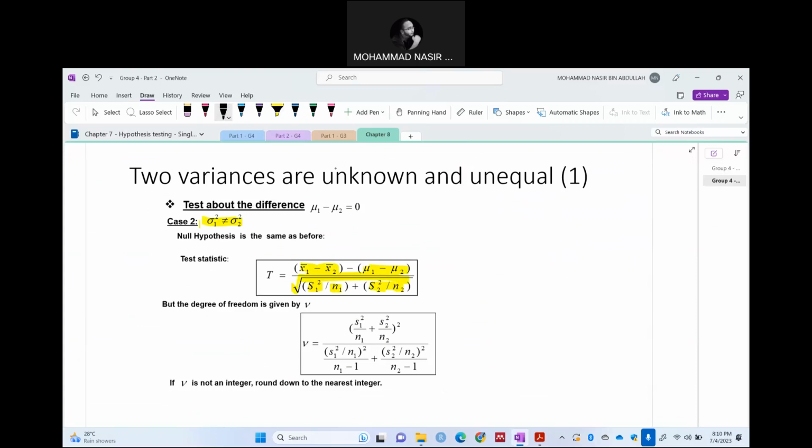So as compared to previous one, when we assume population variance equal, the degree of freedom is equal to N1 plus N2 minus 2. Right? This is from yesterday, kan?